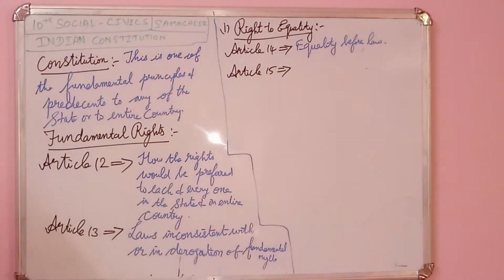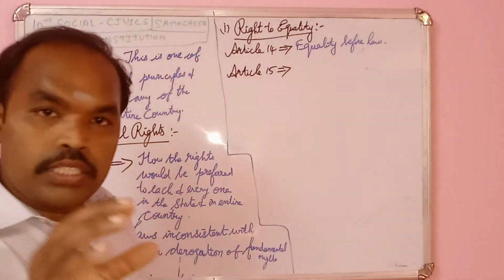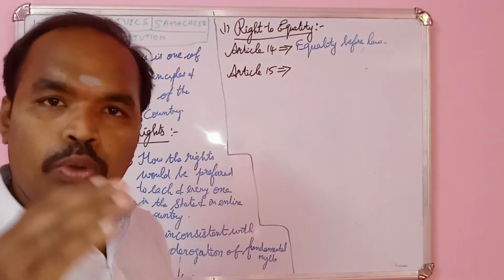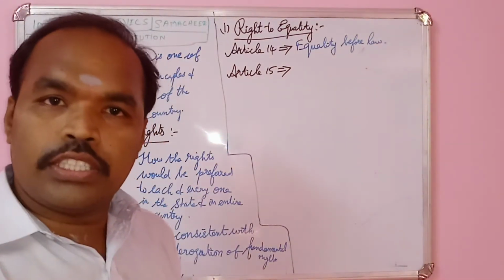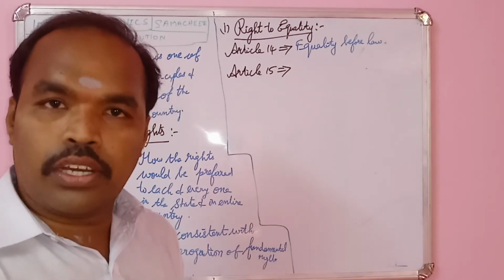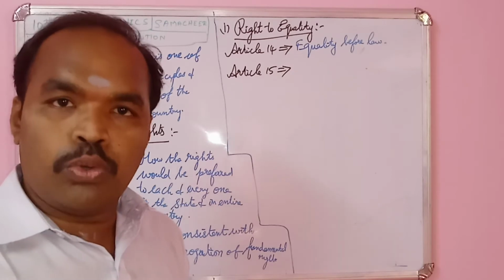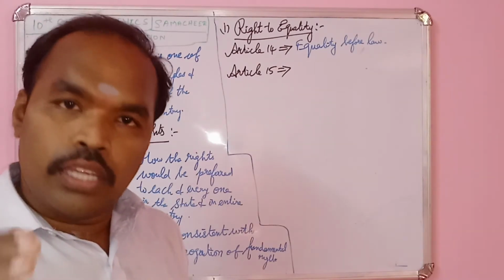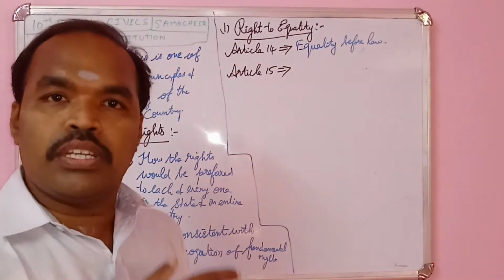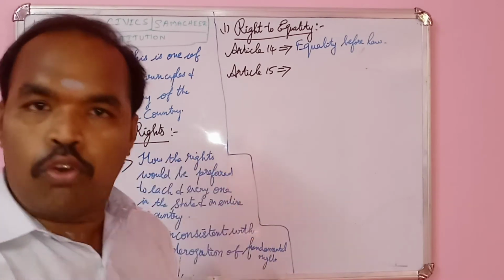Laws are generated for equal purposes, for everyone, not only in one sector but in education, industry, public or private sector; we need to follow this equality. That is the judgment under Article 14.